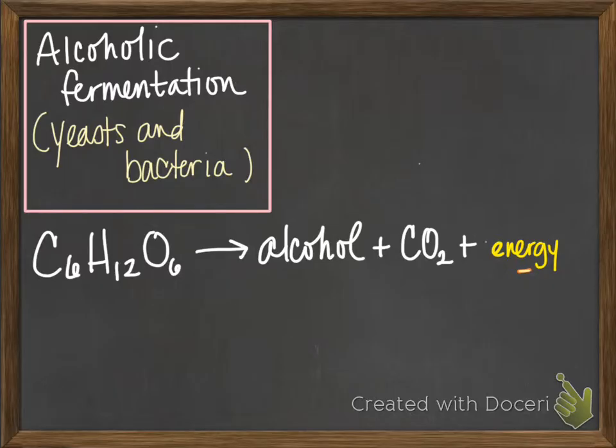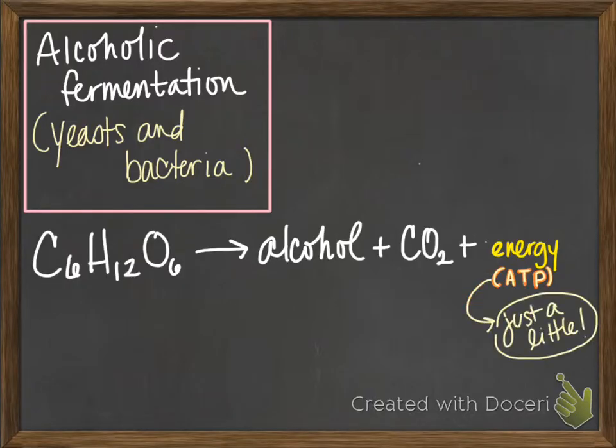So the yeast or bacteria just take that glucose molecule and break it down to produce alcohol, carbon dioxide, and energy. What form is the energy in? Right, ATP. Except there's a problem. Alcoholic fermentation only produces a tiny amount of ATP.